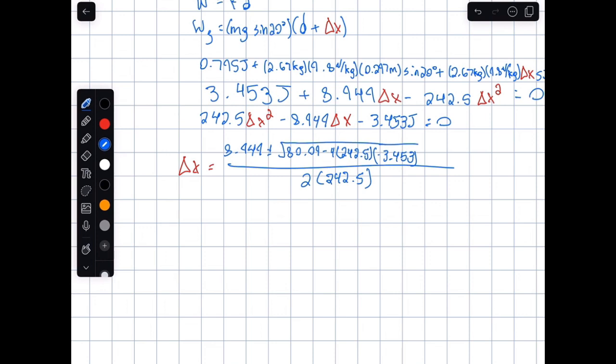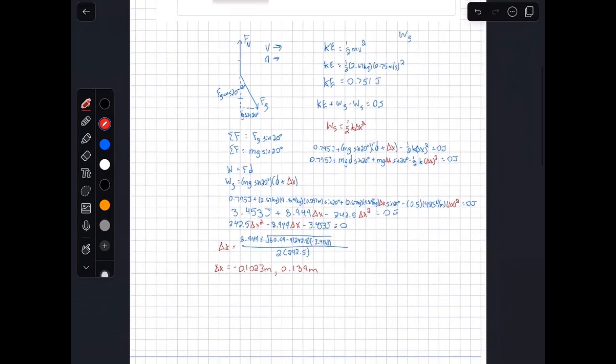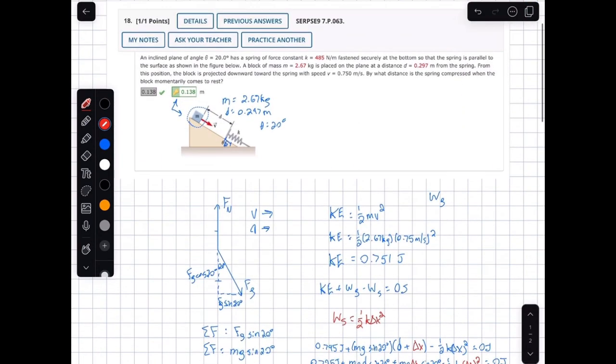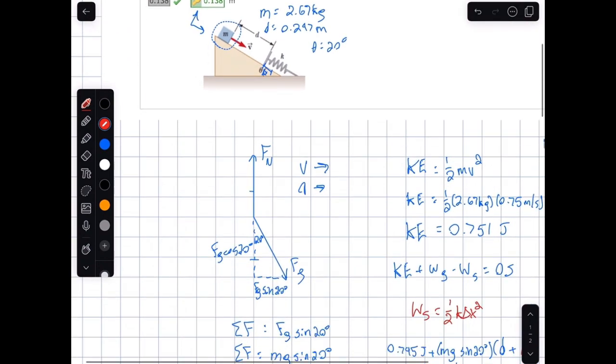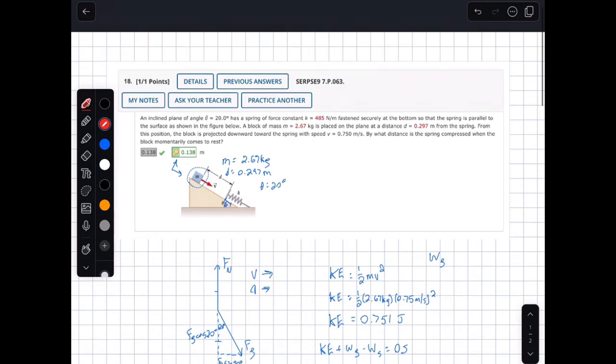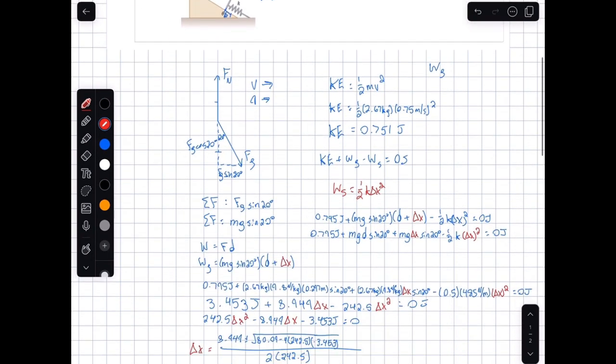So we have here that delta x equals negative 0.1023 meters, or 0.139 meters. And since it's displacement, we can't have a negative distance, so I think 0.139, 0.138, close enough. Yeah, that's it. It's a problem.